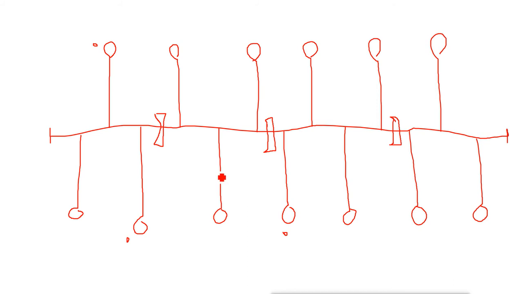To solve this, the technology introduced bridges. Bridges divide the network into multiple segments. In the first segment we have these three devices, in the other segment these three devices, and so on. We can say this one is segment 1, segment 2, segment 3, and this is segment 4.